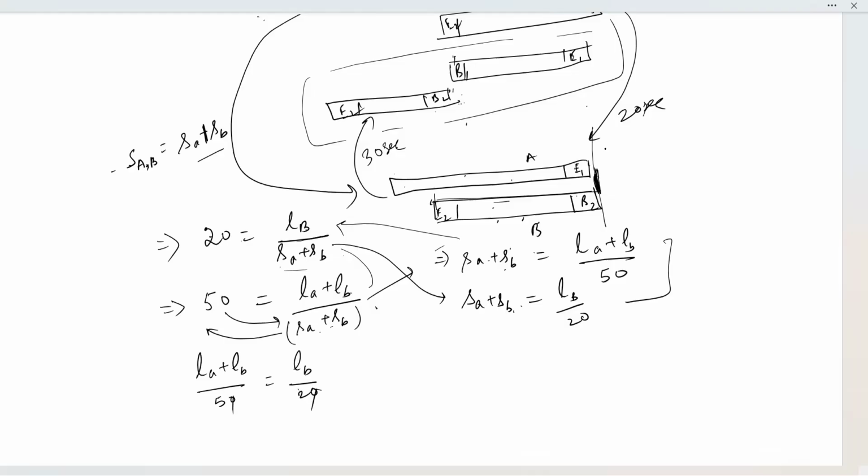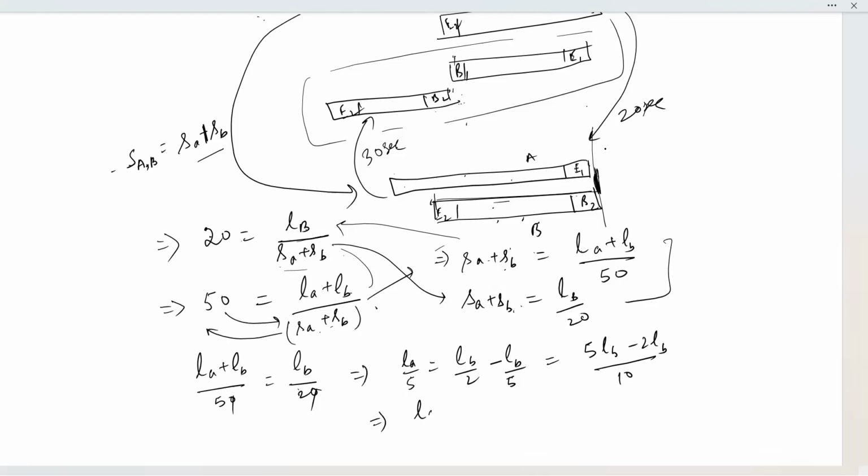Cancelling this out, this becomes LA by 5 is equal to LB by 2 minus LB by 5. So this becomes 5 LB minus 2 LB by 10.